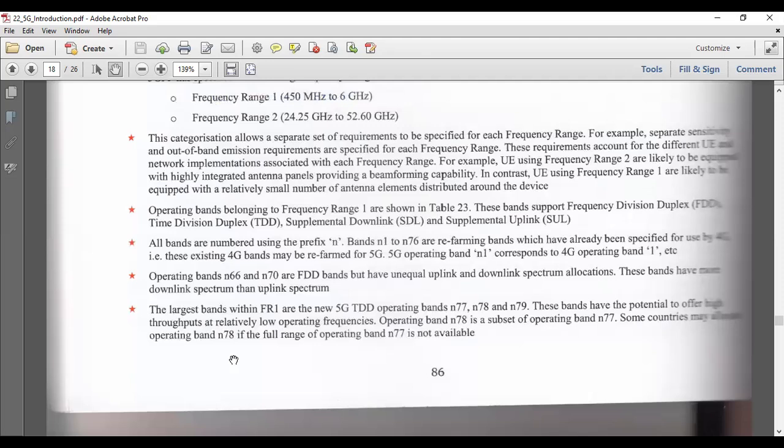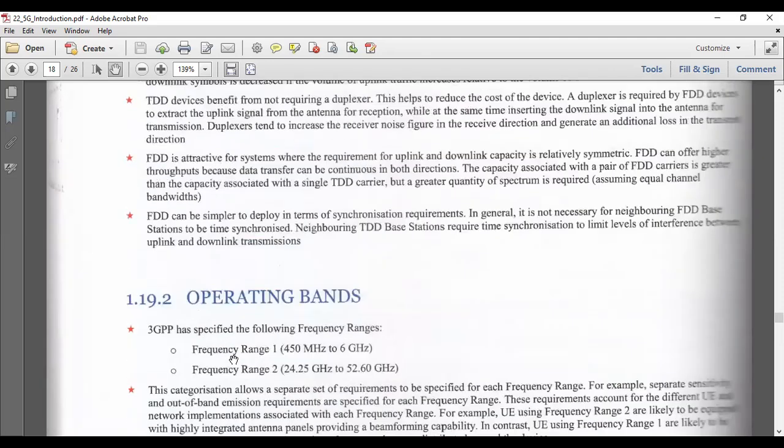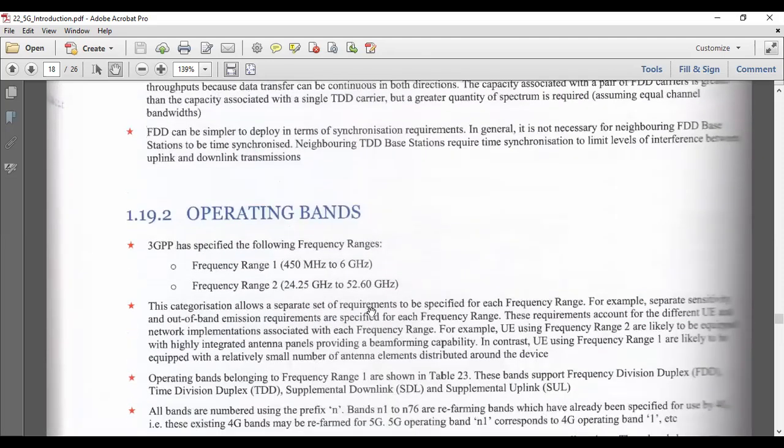Now let's see that frequency range up to 100 gigahertz is supported in 5G, but for now these two ranges are actually specified in the list of bands.